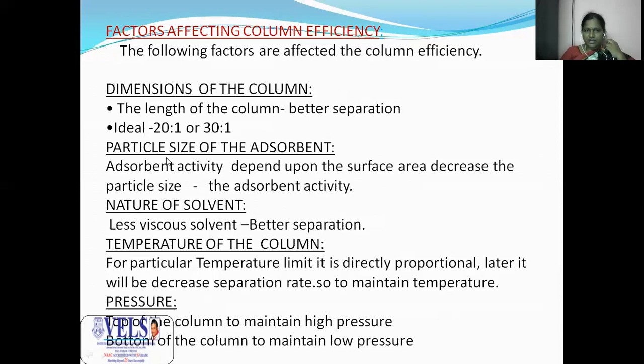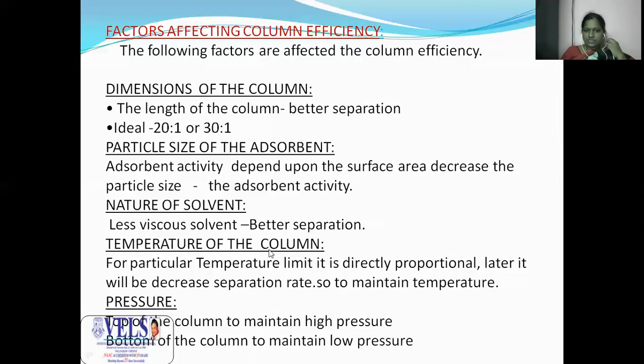The next factor is the particle size of the adsorbent. You should use the minimum particle size, then the efficiency will increase. For the solvent, you should use a less viscous solvent, so that the mobile phase flows freely through your column.